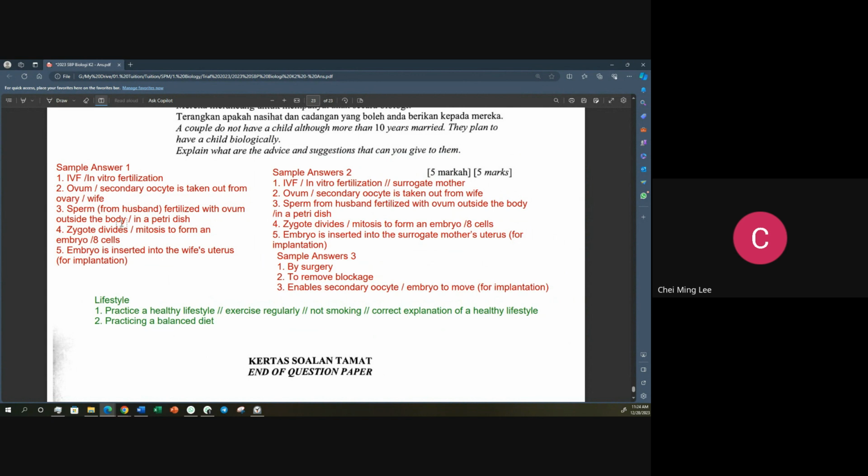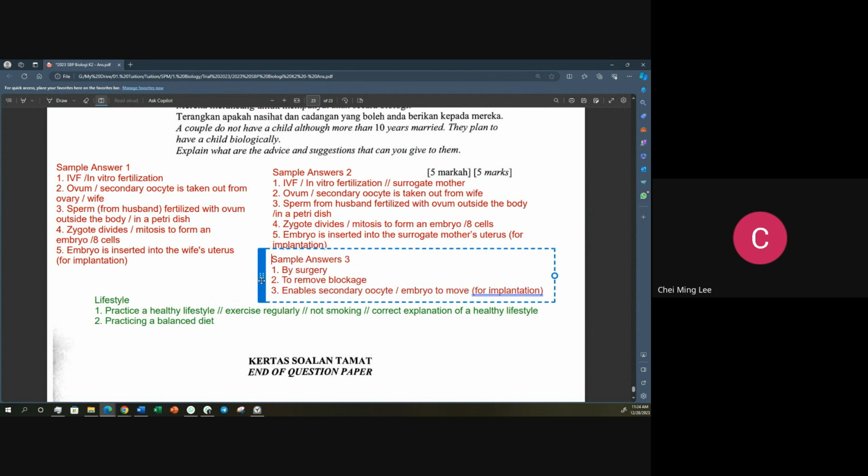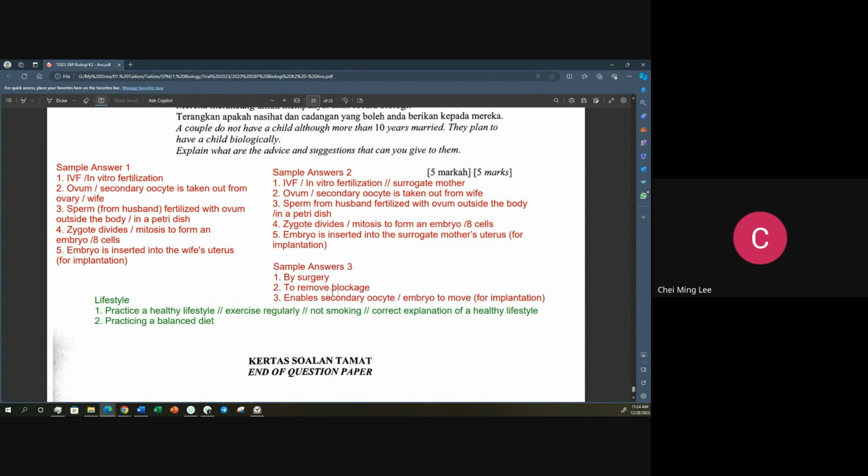So you can add like 3-2, or 4-1. It means the answer here needed is 3 red plus 1 green, or 4 red plus 2 green.